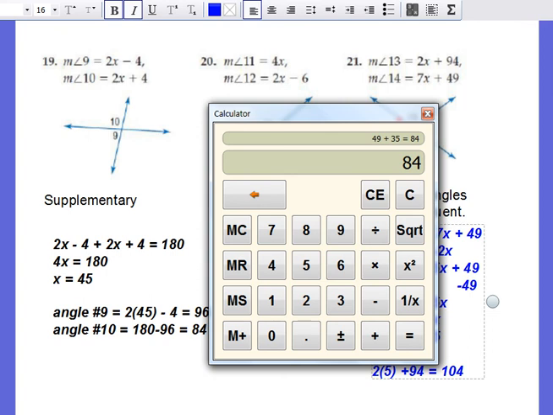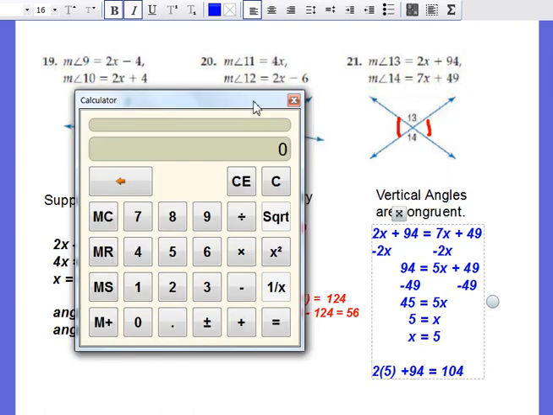Did I do that right? You get 84. Oh, hold on, let me see. Maybe I made a mistake. Let's do 94 minus 49. You get 45. Oh, I know what the mistake is. Yeah, this is supposed to be 9. That makes sense. Okay.